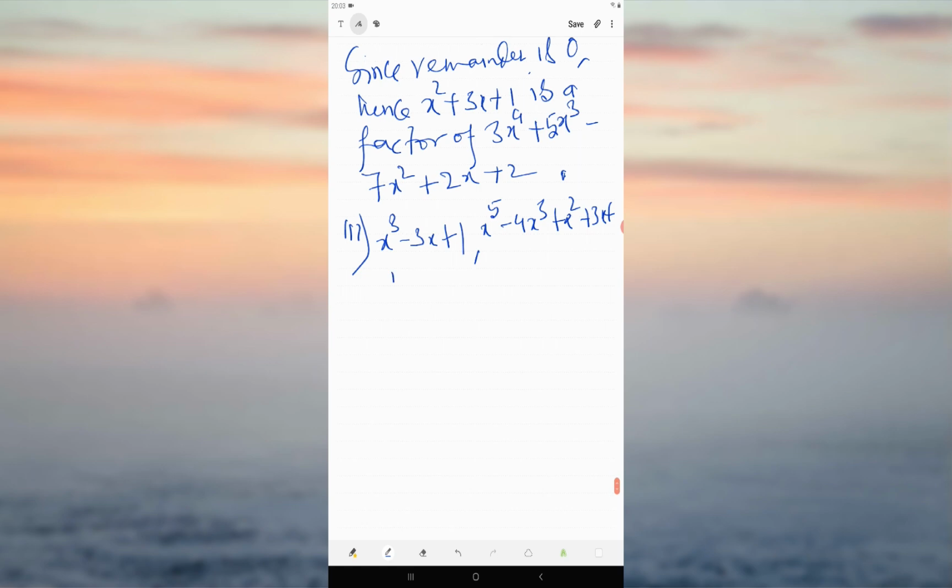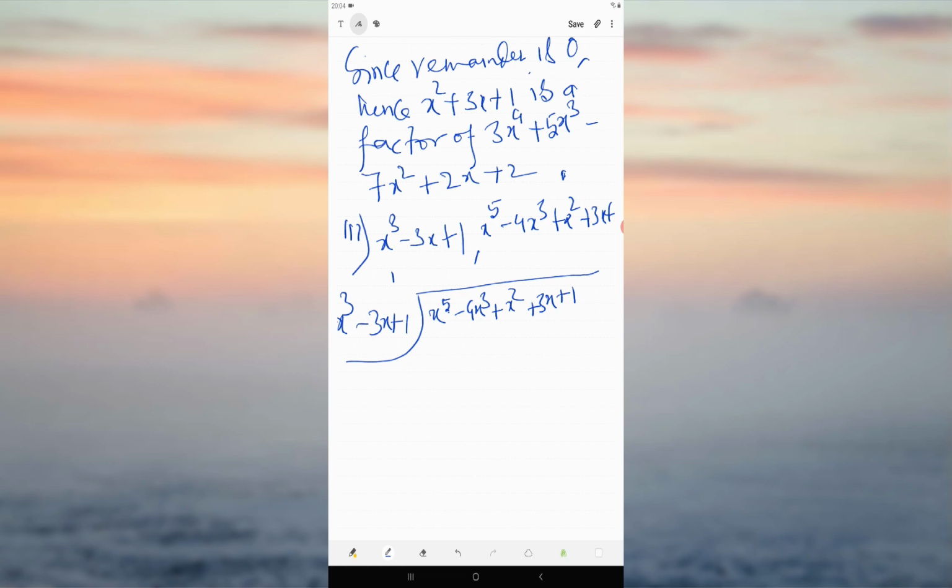So let's divide quickly. So x cube minus 3x plus 1 divides x to the power 5 minus 4x cube plus x square plus 3x plus 1. Correct?